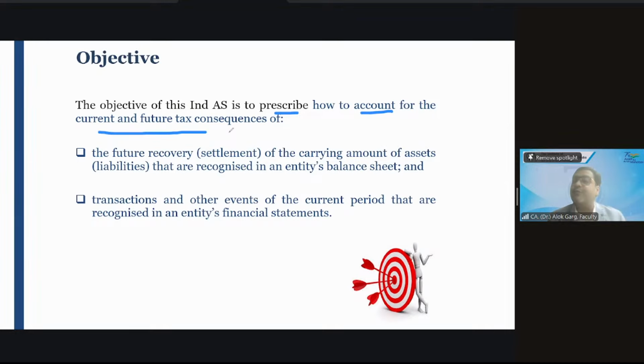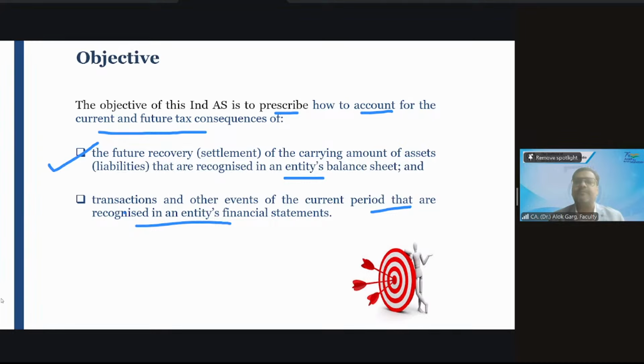And what is meant by future tax? Future tax means deferred tax. So consequences of the future recovery or settlement of the carrying amount of assets or liabilities that are recognized in an entity's balance sheet, and transactions and other events of the current period that are recognized in an entity's financial statements. Just English, leave that.